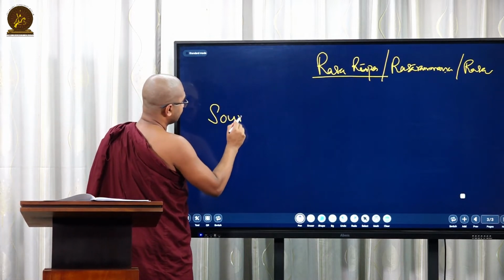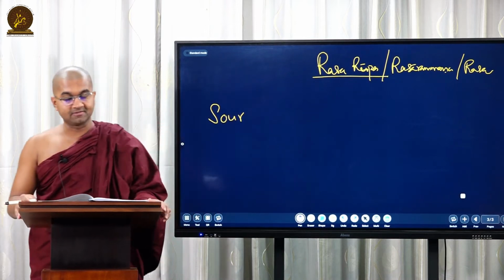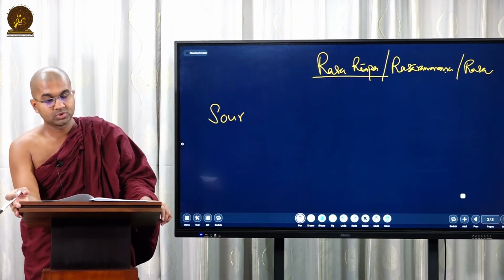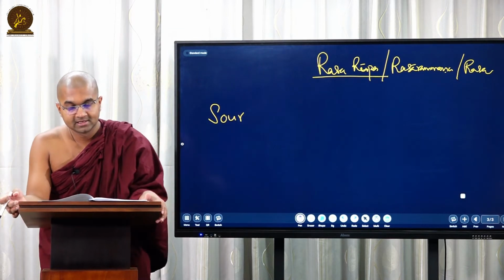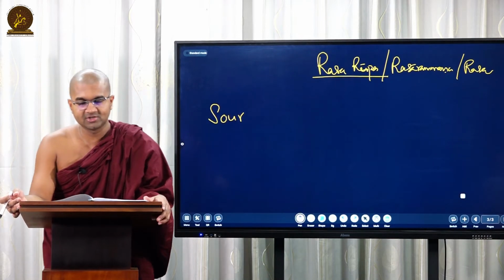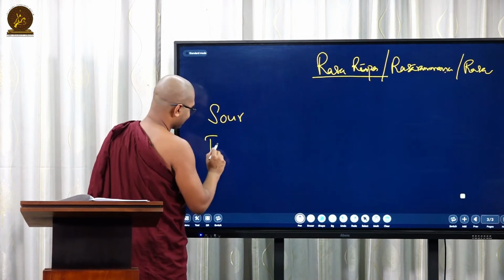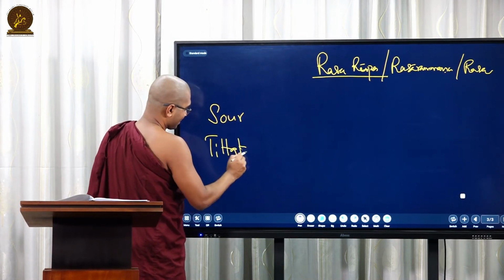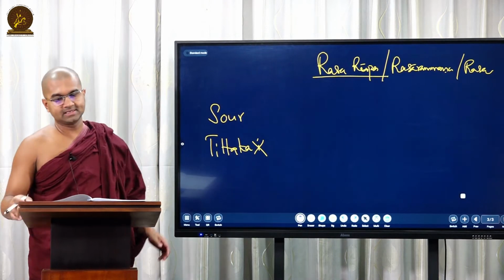There's a printing mistake. So Ambila or Lambila, sour. Then Madhura, sweetness. Tittaka, there's a typo, the E should be removed. Tittaka is bitterness.